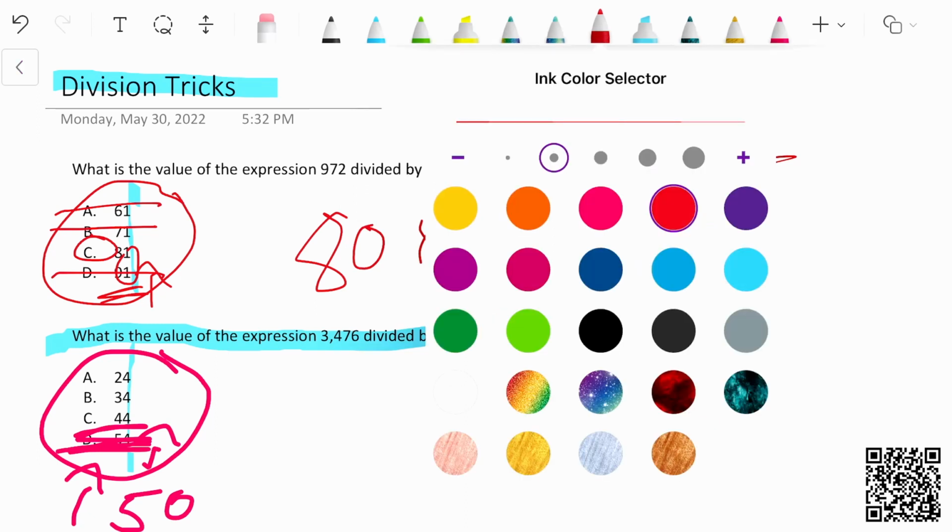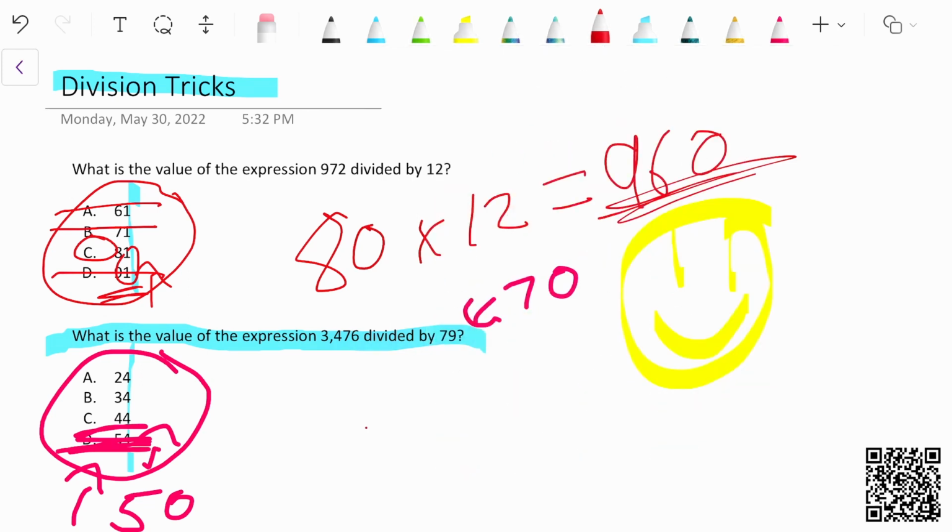All right, so now let's take a look at C. C is 44. Let's do 40 multiplied by 70.